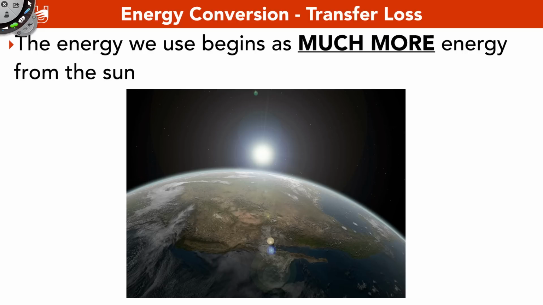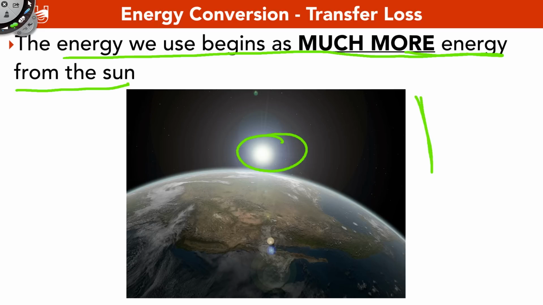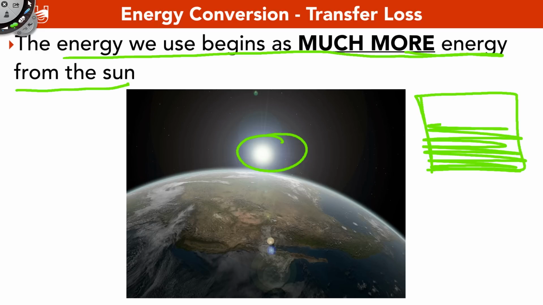Okay, and finally here, the energy we use is much, much less than the energy we get from the sun. Which is to say, the sun provides, and the sun is being here, right? The sun provides a massive amount of energy. Let's draw it with a box right here. It produces and provides a massive amount of energy, of which we use a small fraction.